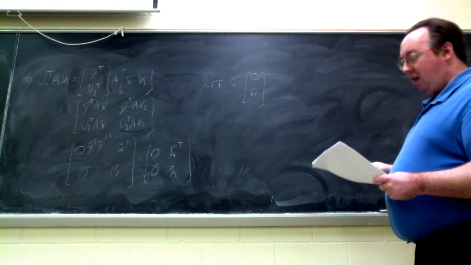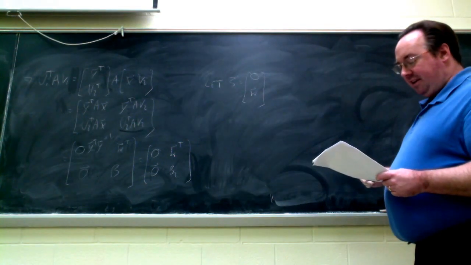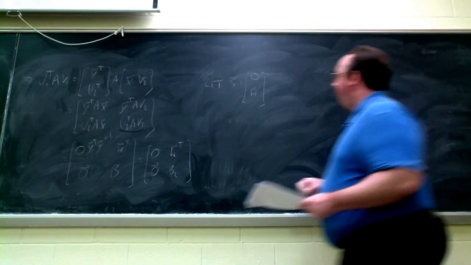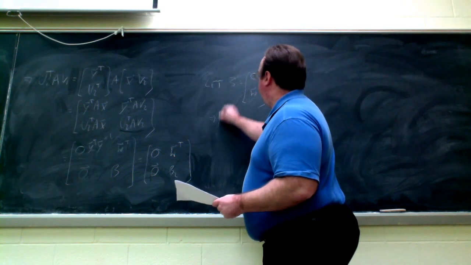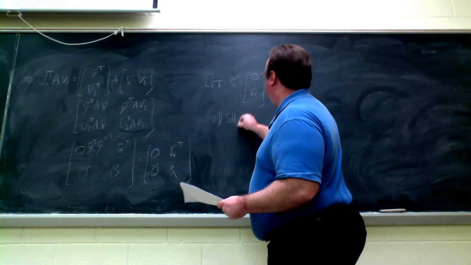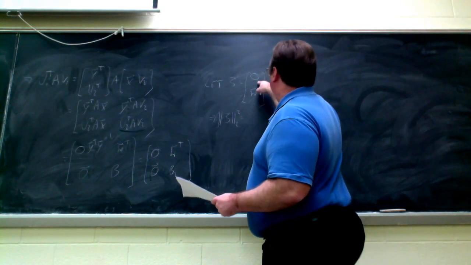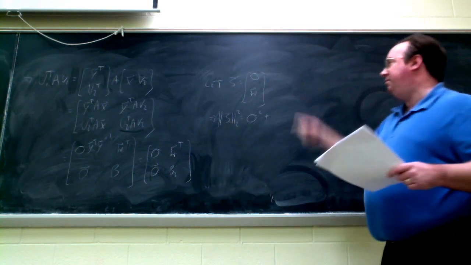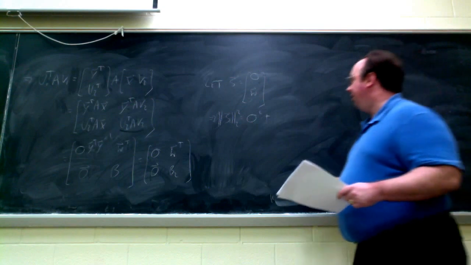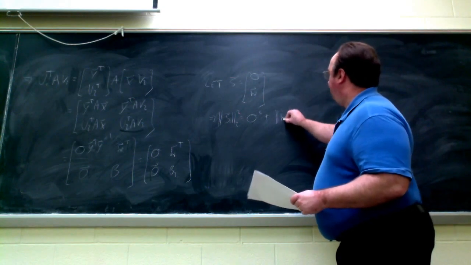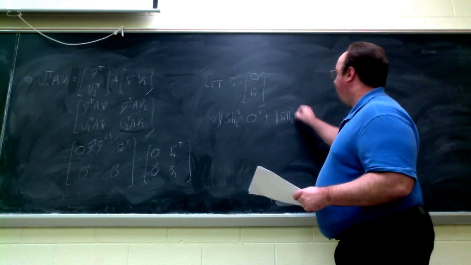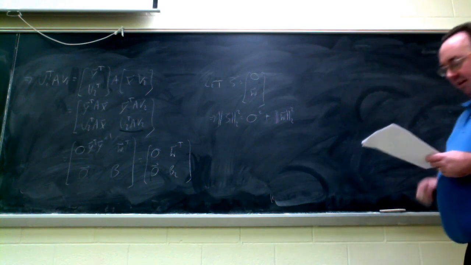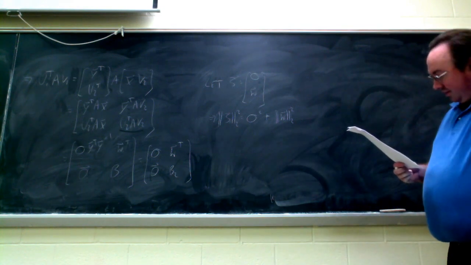Now, one nice property of vector 2-norms is I can say that the 2-norm of s squared is equal to the first component squared plus the sum of squares of all the components of w. So that would be the 2-norm of w squared.